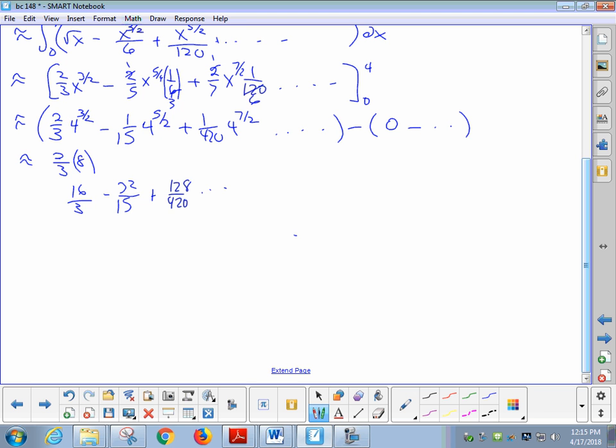Now, in order to use error bound, we have to justify it. This is alternating. The terms decrease to 0. So it is true that the difference between the true sum and the estimate of, now how many terms are we going to use?